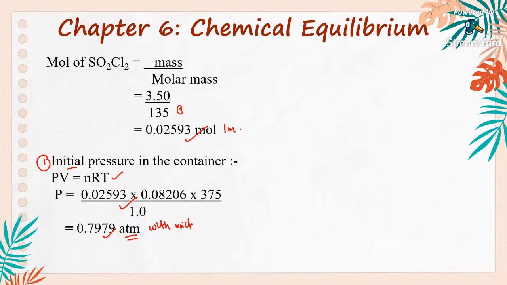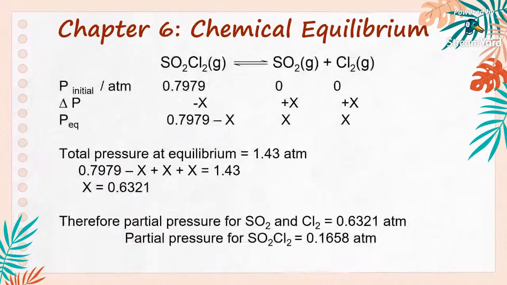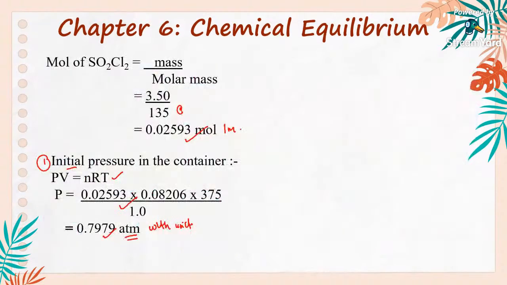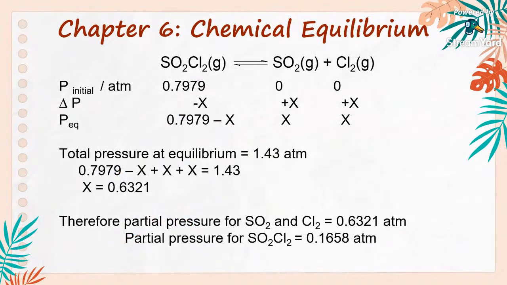All right, so we are done with the first part, initial pressure in the container. The next part is they ask you to find the partial pressures of the gases at equilibrium. To solve this question, this is where you would need to use the ICE table, initial, change and equilibrium.